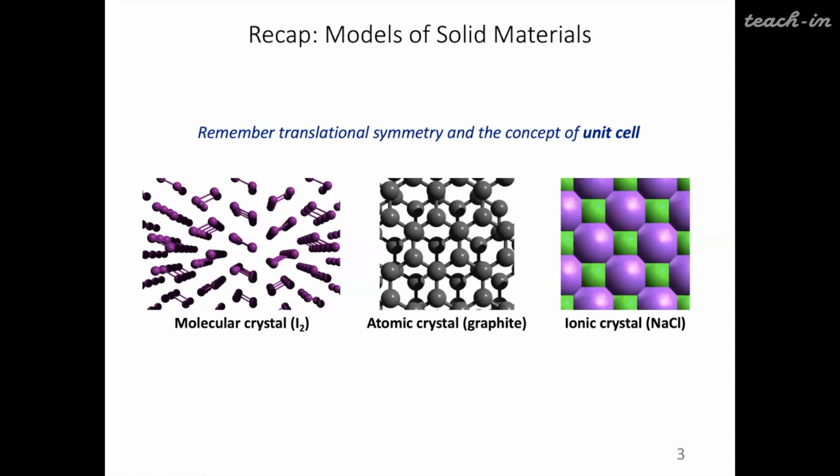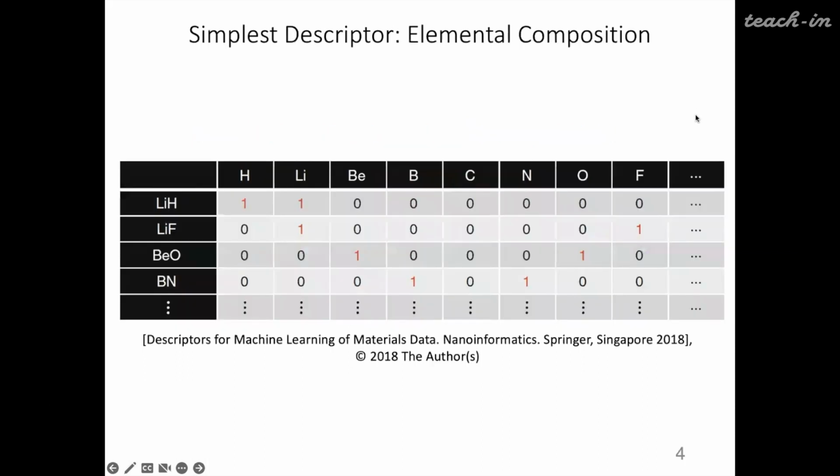And as the basis for descriptor construction, we can take the concept of unit cell. Because of the translational symmetry of crystals, we are mostly interested in some kind of an elementary unit. So it will be a unit cell.